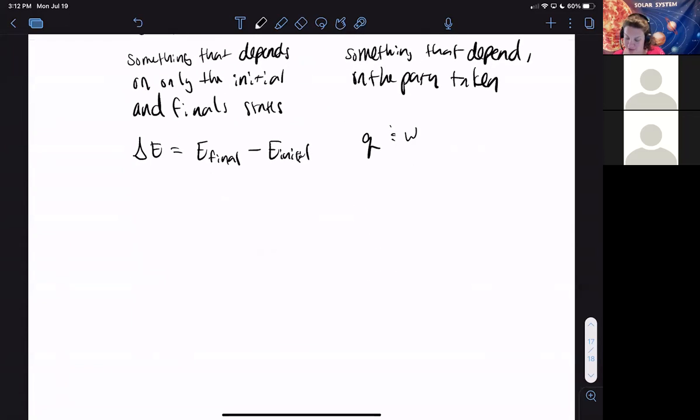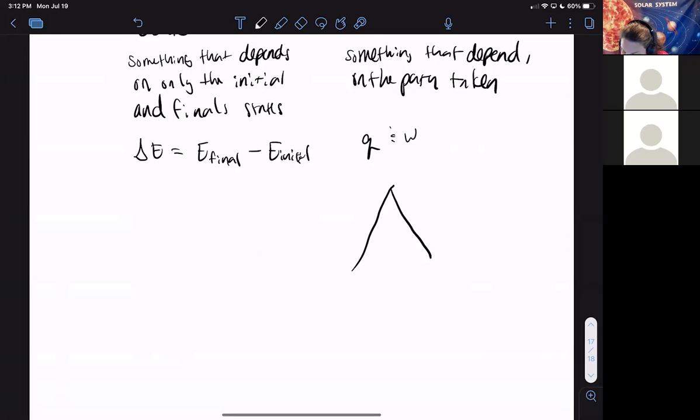And the way I like to think about this, I think work is a really good example of this. Okay, so this is a mountain. And let's say that there's a hole in this mountain right here. You can go through the mountain or you can go over the mountain, right?